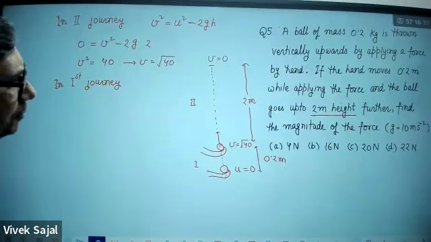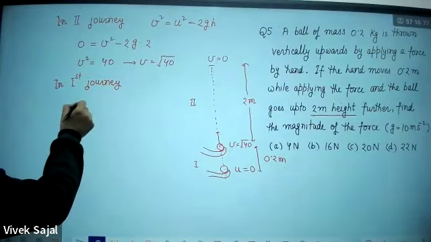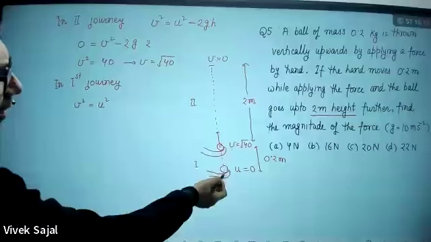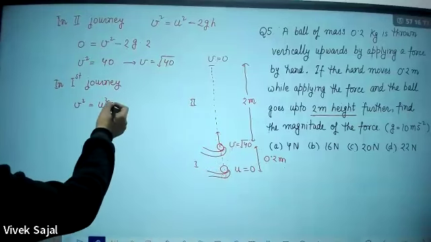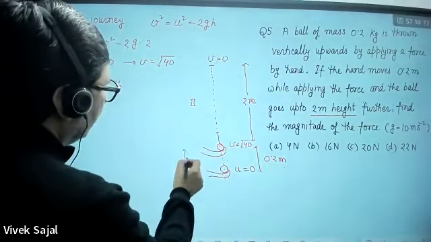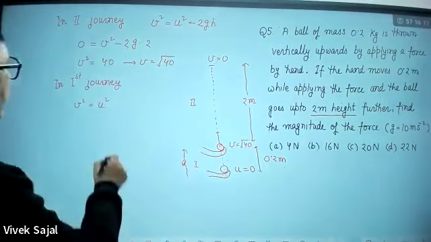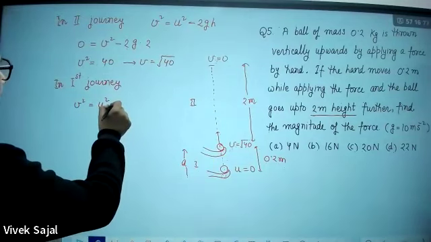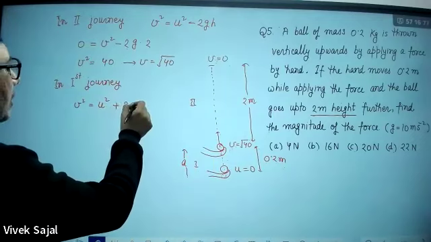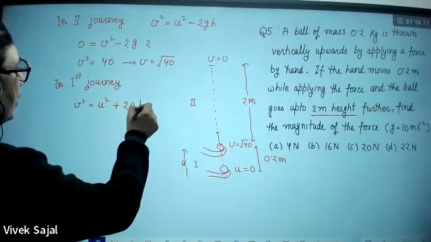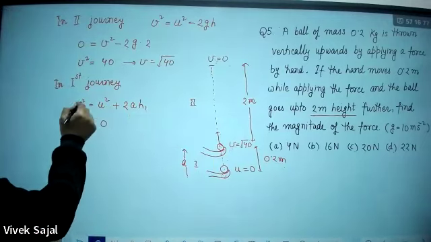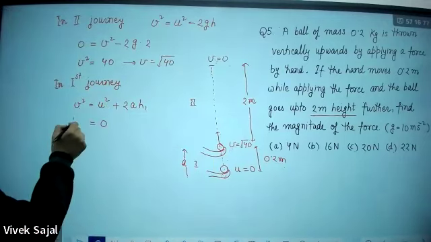So this time I'm applying v square is equal to u square plus 2a h1. I don't know the force when the hand is in contact, so I'm saying that during this journey the acceleration is a in the upward direction. So the initial velocity was 0, and this v square will be 40 final.